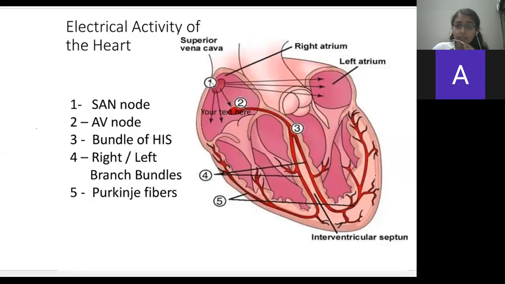So this is the basic movement of electricity: to the atria, then the AV node, the bundle of His, the right and left bundles, and then the Purkinje fibers.